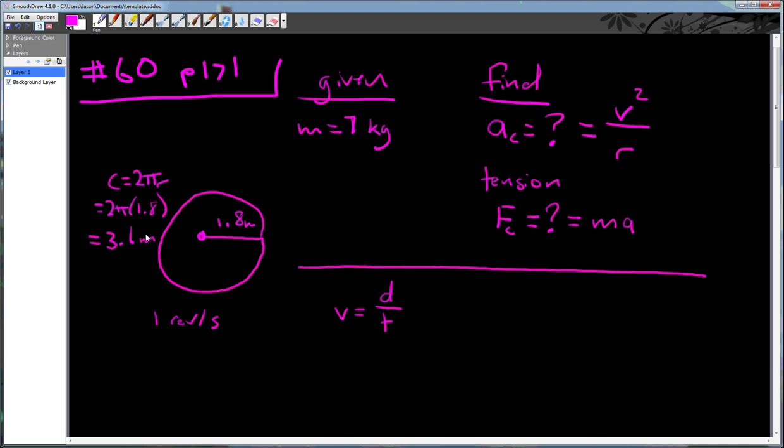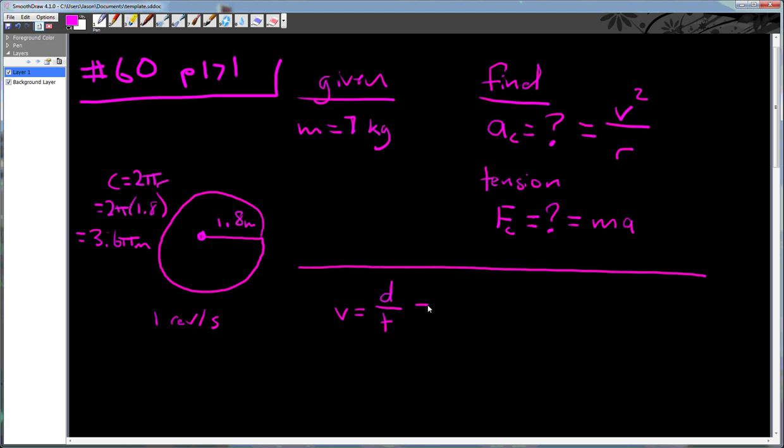Alright, oh sorry, 3.6 pi. 2 times 1.8 is 3.6, but we still have that pi in there. 3.6 pi meters.